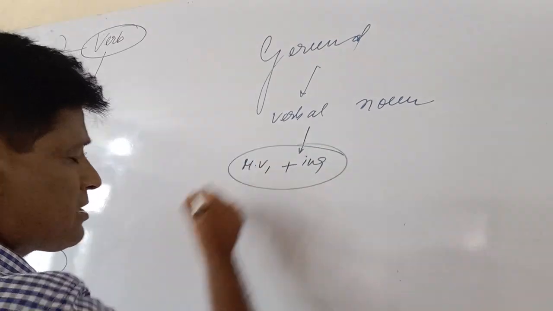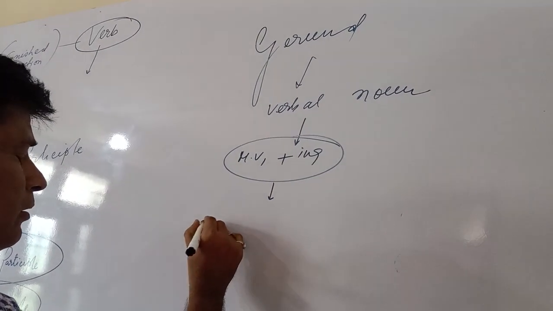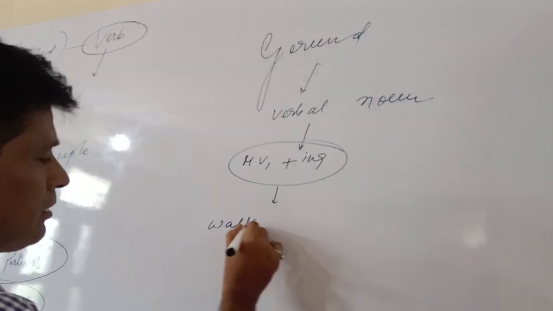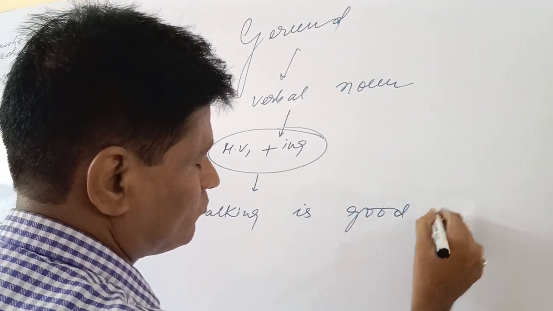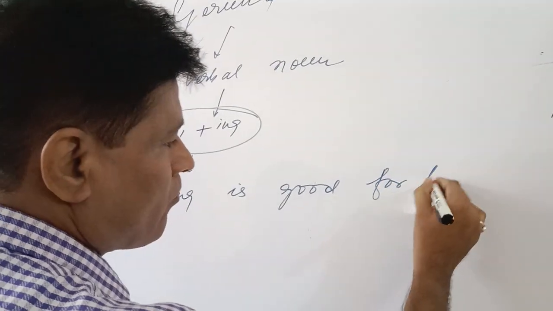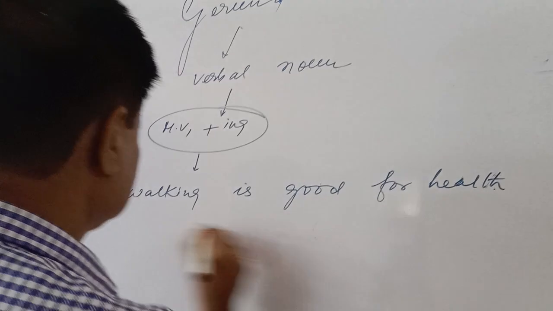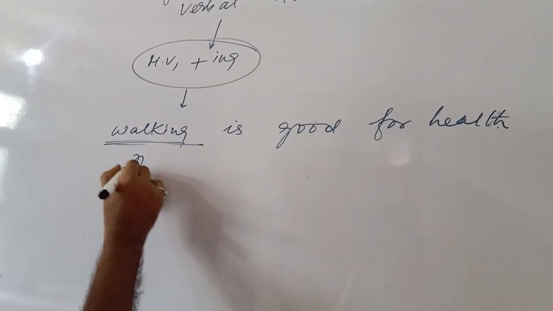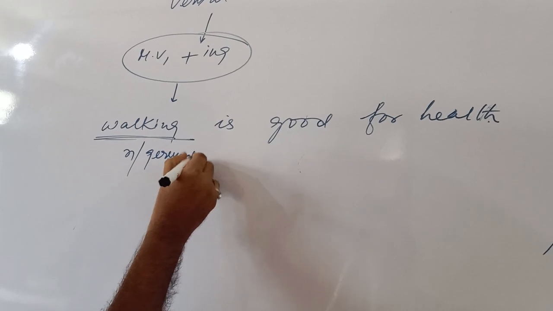If you are using it in a subject or object, in both cases it will be gerund form for you. Walking is good for health. Walking is a gerund or noun. Otherwise, it's called verbal noun.